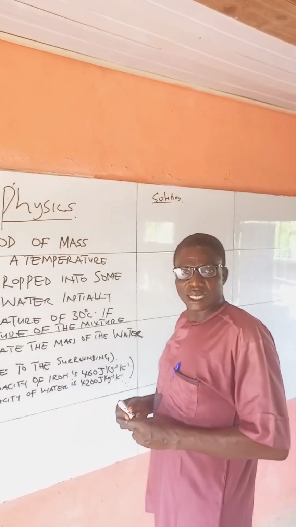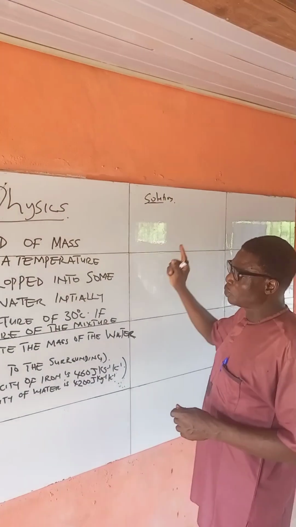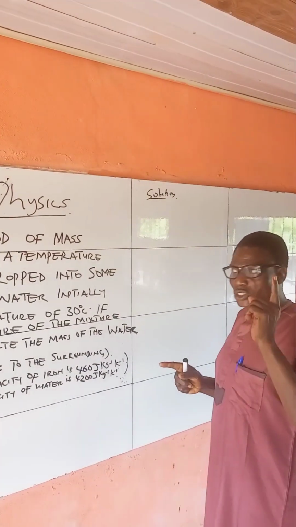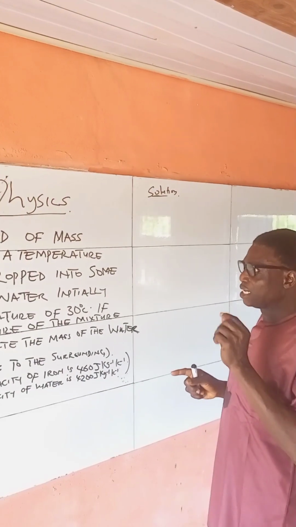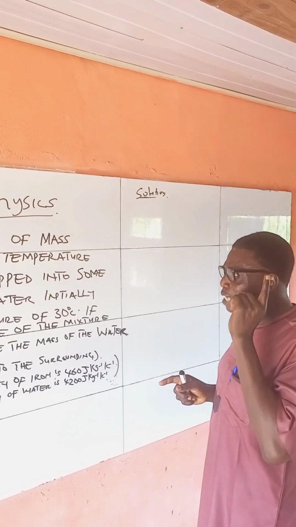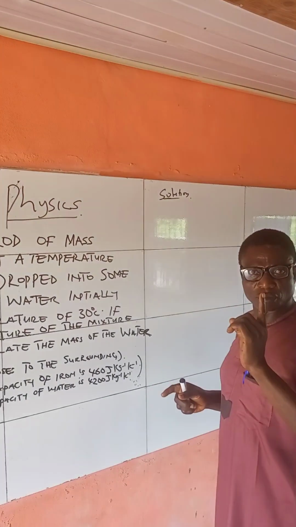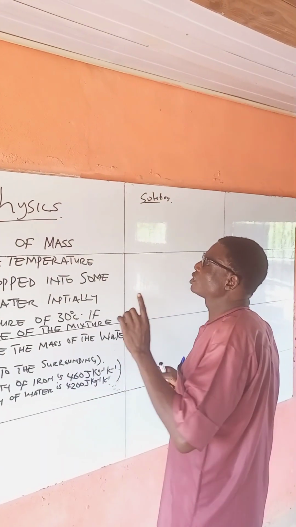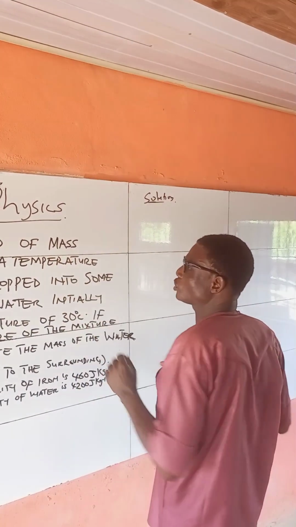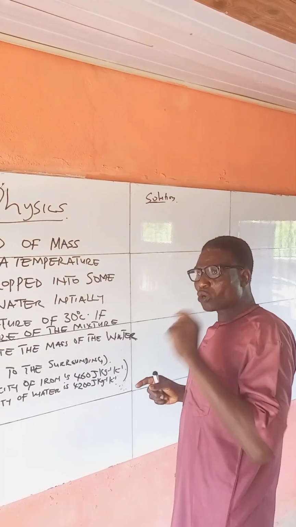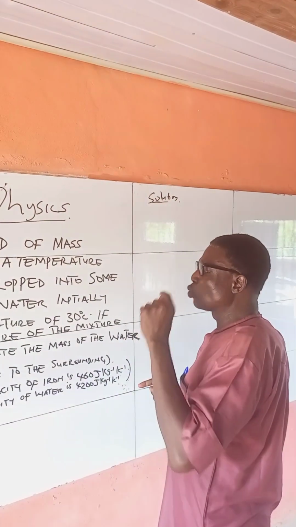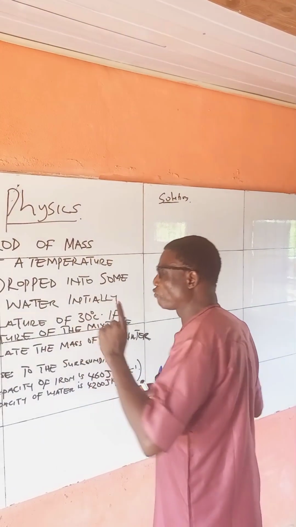In our last lecture, I told you that any time you are solving a question in physics, there are certain things to take note of. Number one, what is the information we are given from the question? You need to understand the information you have. Number two, you need to understand what you are actually asked to look for.